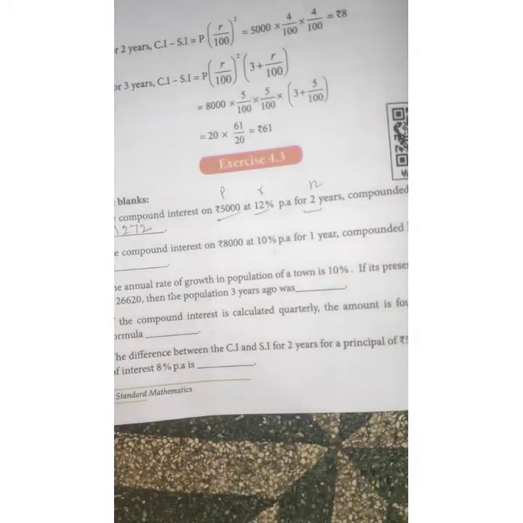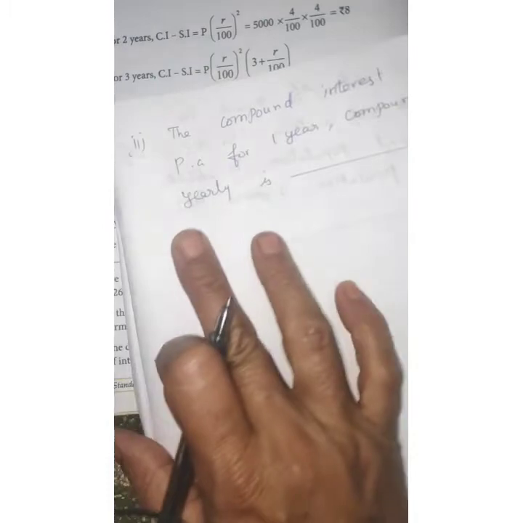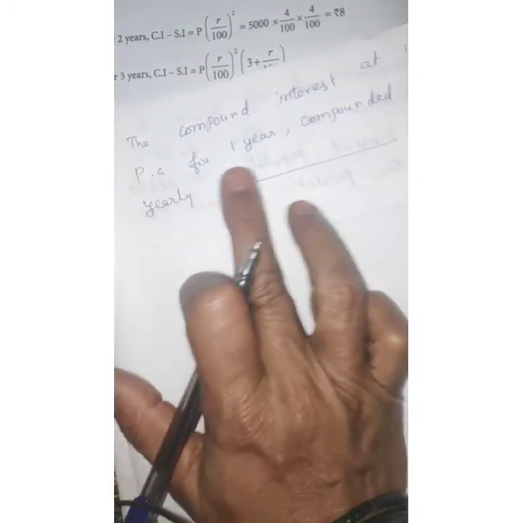Next question. The compound interest at 10% per annum for 1 year compounded half yearly. Half yearly, what is the formula? A equal to P into 1 plus R by 200 whole power 2n. This is the formula.